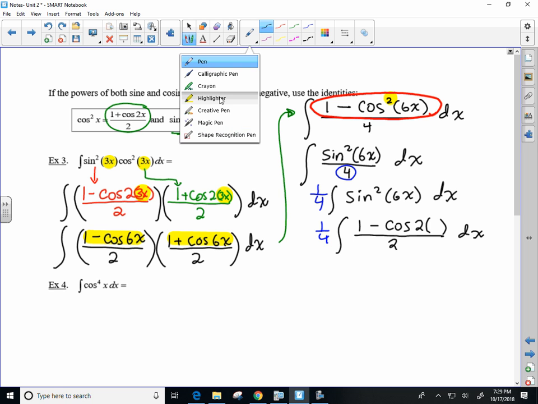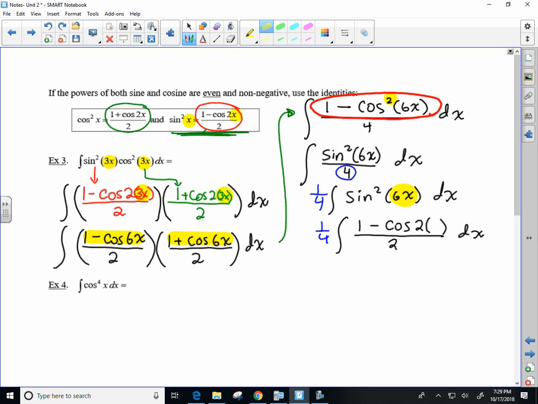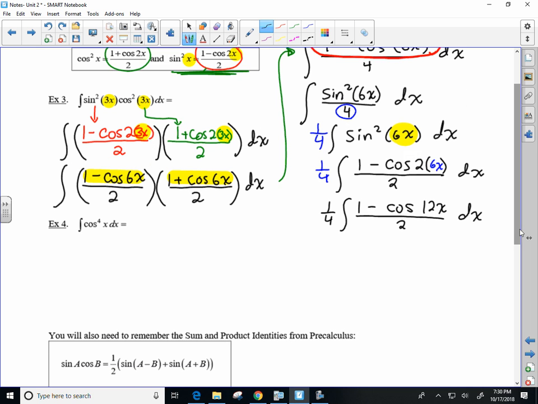All right, whatever the sine function is of, in this case 6x. So we're looking at a quarter times 1 minus cosine of 12x over 2 dx. I could pull out the 2 again. 1/8 times the antiderivative of 1 minus cosine 12x dx.